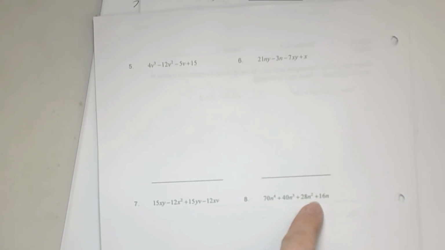What's the GCF of 70, 40, 28, and 16? 4 does not go into 70. 2. And then into what power? 2 what? What's the GCF, guys? 2n.